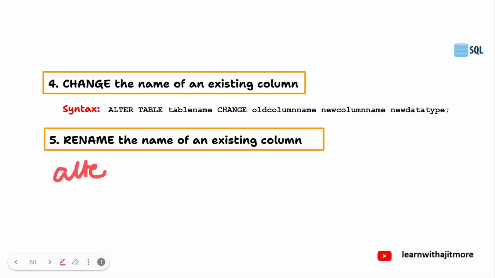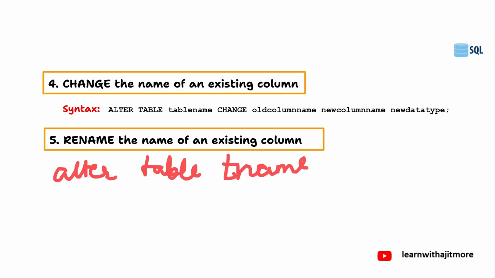So alter table name, then you have to use rename. But what are you renaming? A table or a column, because this keyword is used for renaming a table and also for renaming a column.